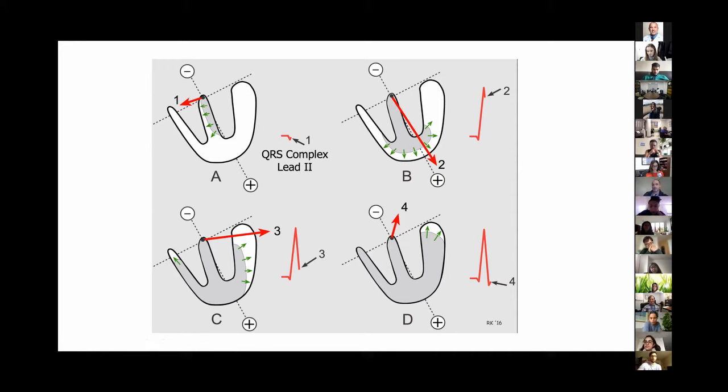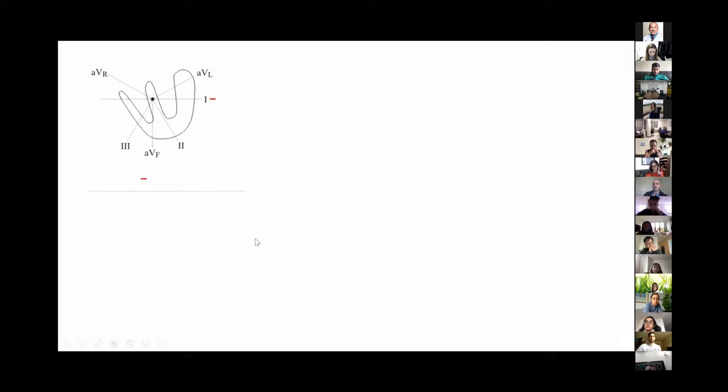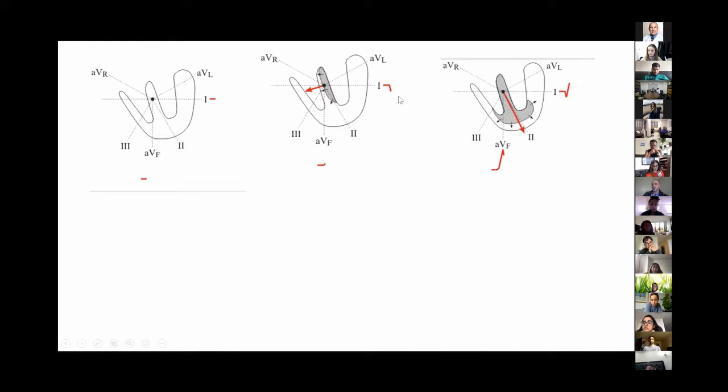Now, knowing that, I'm going to do this exact same thing, just looking at leads AVF and 1. You have the initial negative from septal depolarization, and you just follow what's happening in AVF and 1, and then towards lead 2.